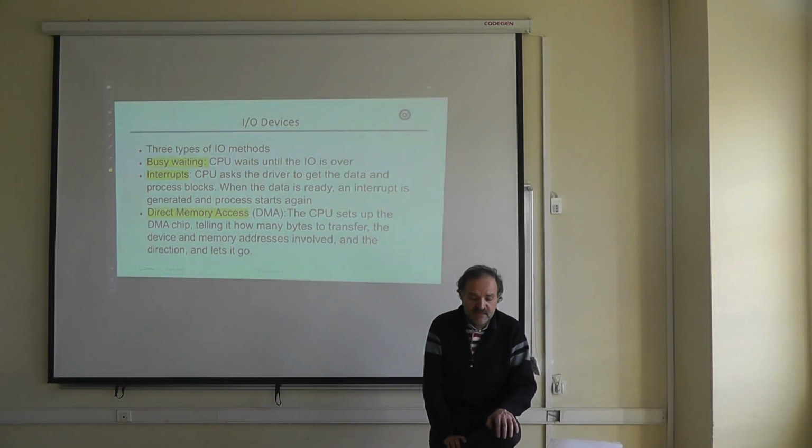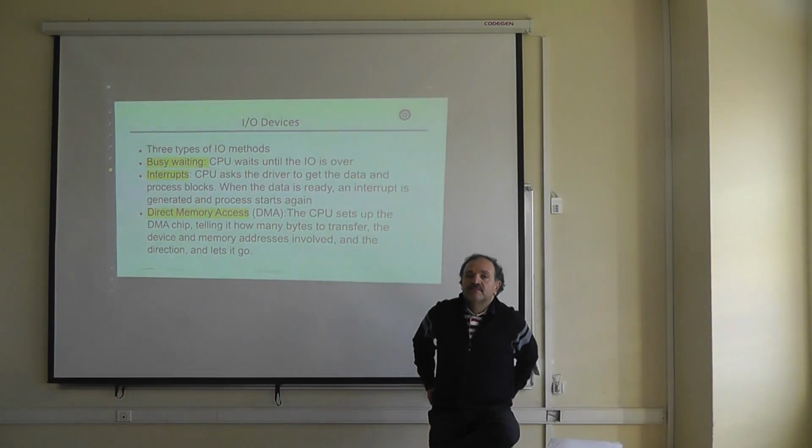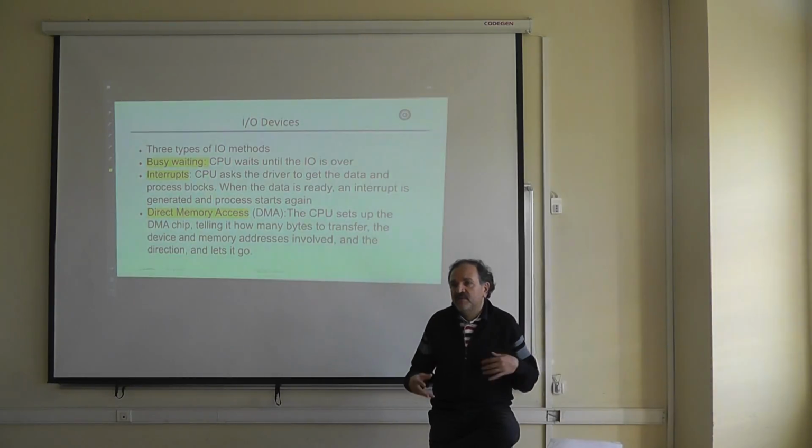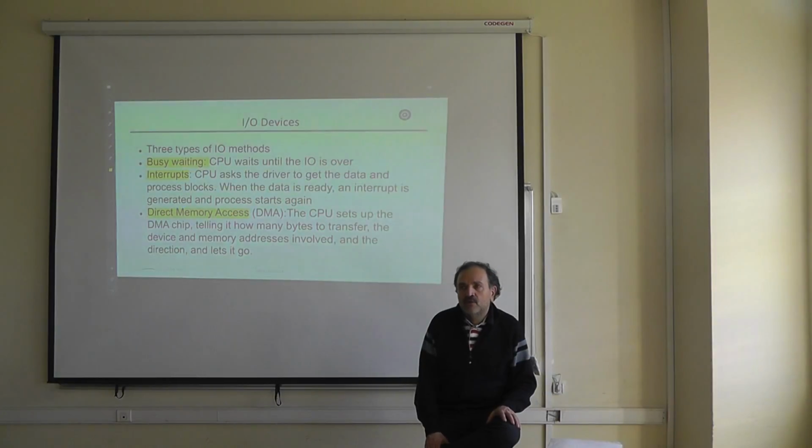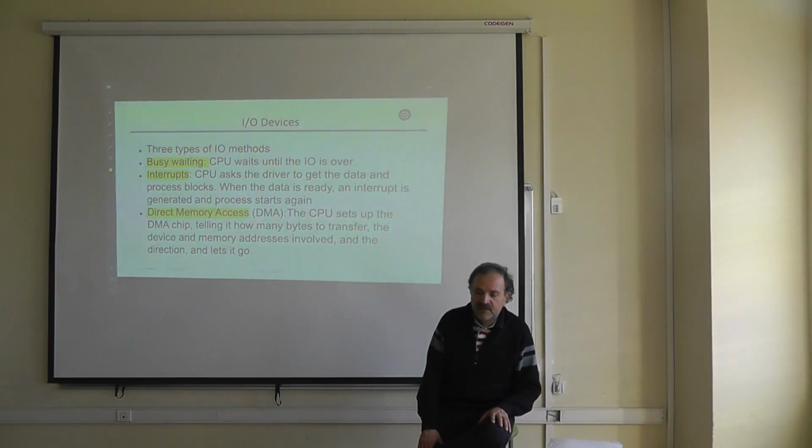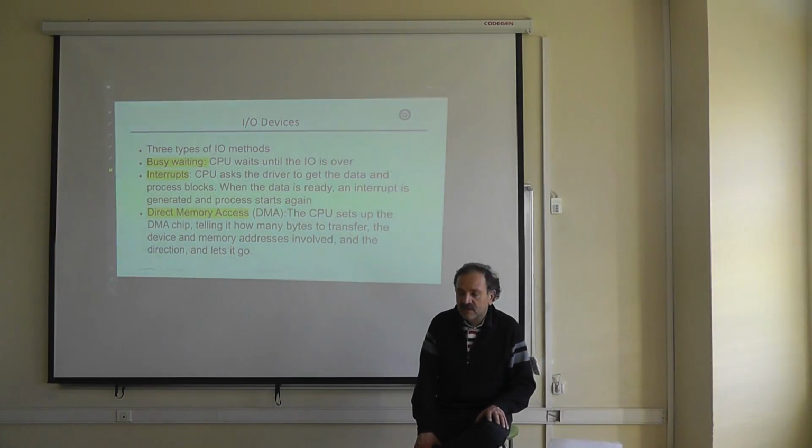Which one do you think is faster, busy waiting, interrupts or direct memory access? Faster in terms of transferring the data. Direct memory access, why? DMA is a chip. Usually it has its own program. It's like a computer. Remember that 1401 computer, whose job is to use the punch card reader or the printer as a printer driver.